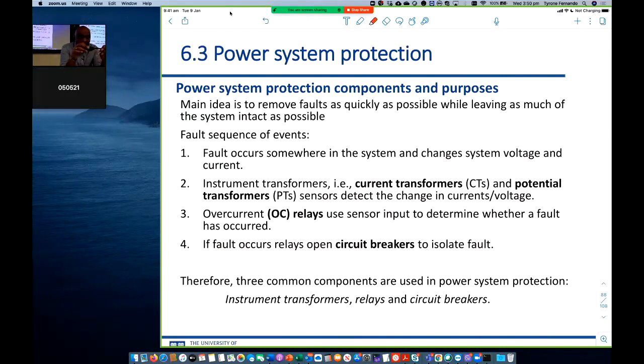Instrument transformers. So there are instrument transformers, current transformers and potential transformers, which are sensors that detect changes in currents and voltages. So do you kind of understand how a transformer can be used as a sensor?